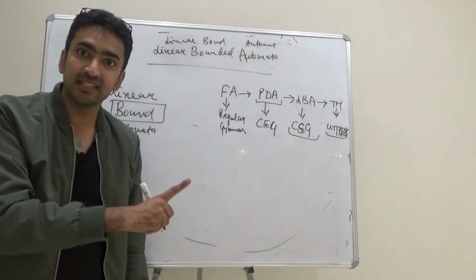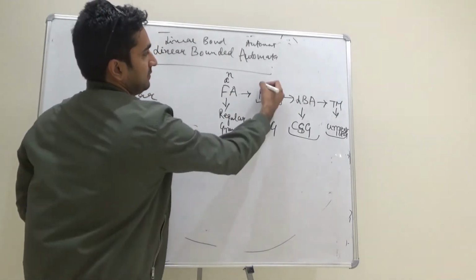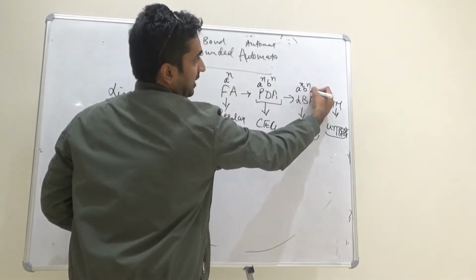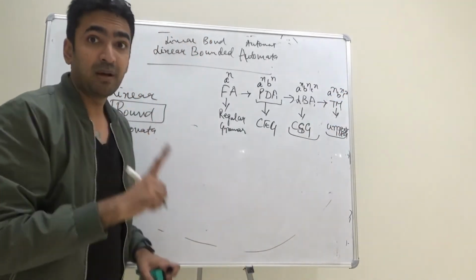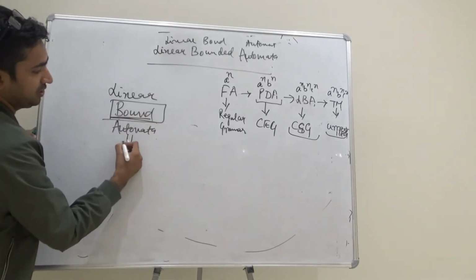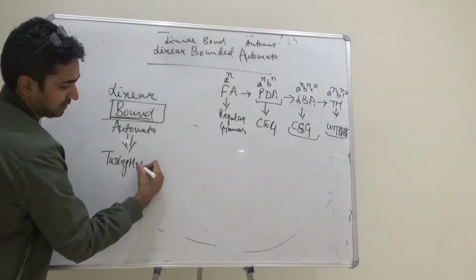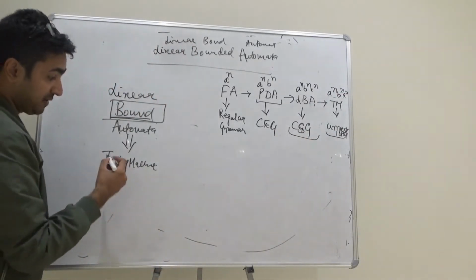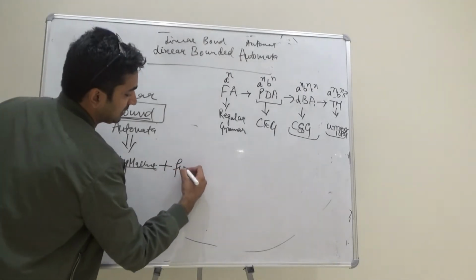It will accept context sensitive grammar, which can be a^n b^n, or a^n b^n c^n, but this is bounded. Bounded means it will act like a Turing machine, because it is accepting a^n b^n and c^n, but its size will be fixed.